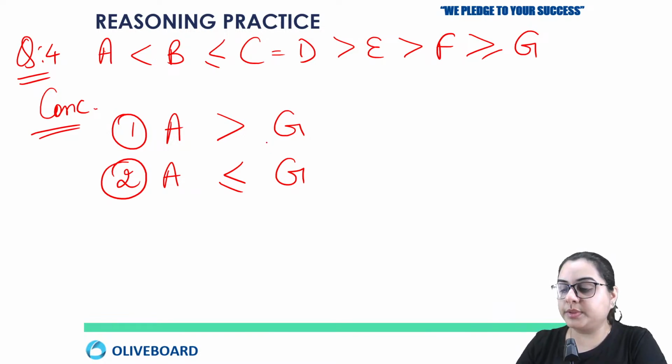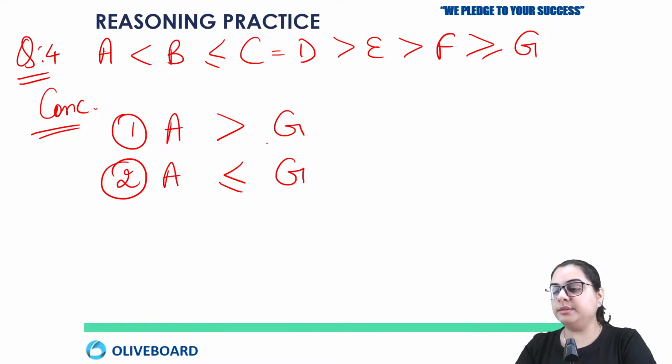So Ashish is saying neither. Werewolf is saying none of these. Ayush is saying either or. That's the correct answer. Ayush, yes, there is definitely no relation between A and G.